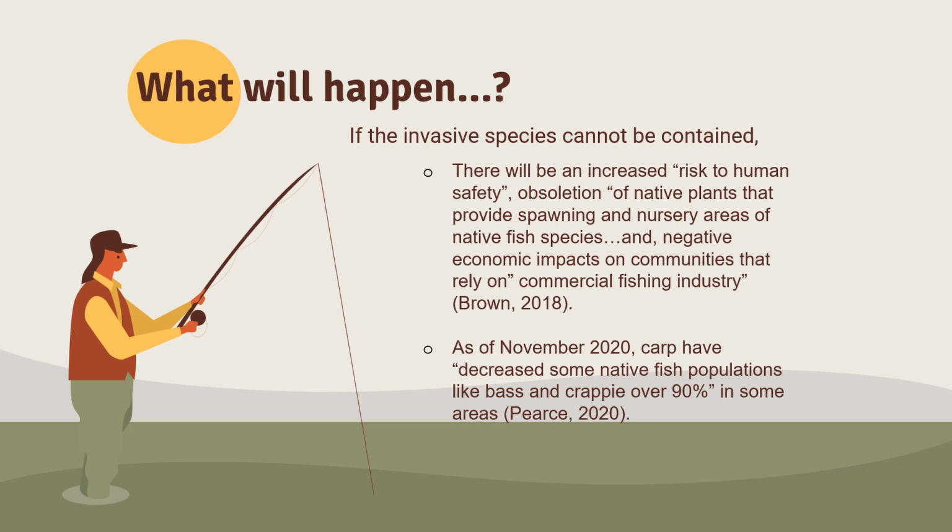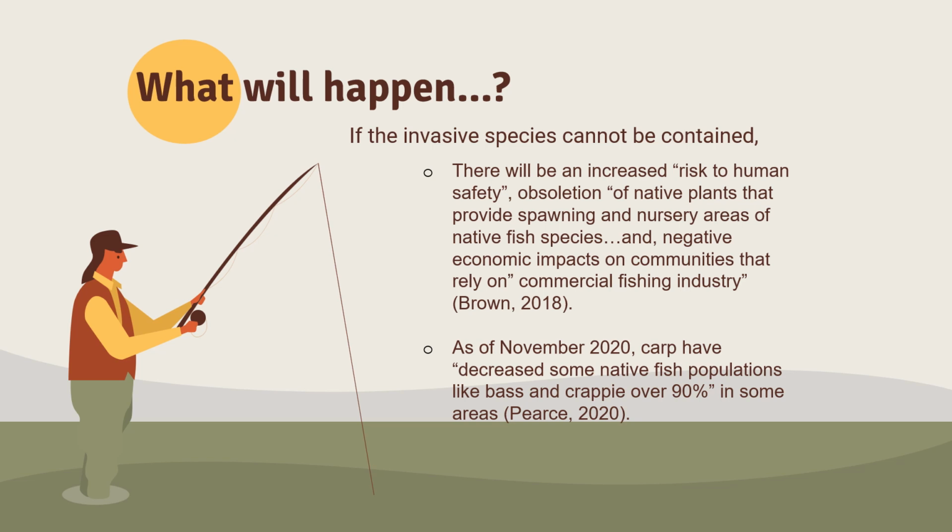So what will happen if this issue is not fixed? Well, if the invasive species can't be contained, then there will be an increased risk to human safety, obsolescence of native plants that provide spawning and nursery areas for native fish species, and negative economic impacts on communities that rely on the commercial fishing industry.